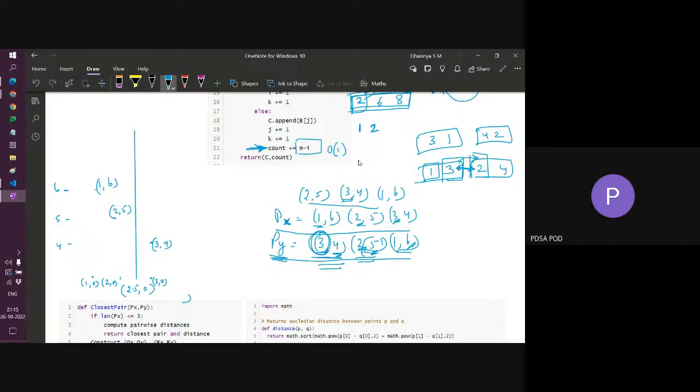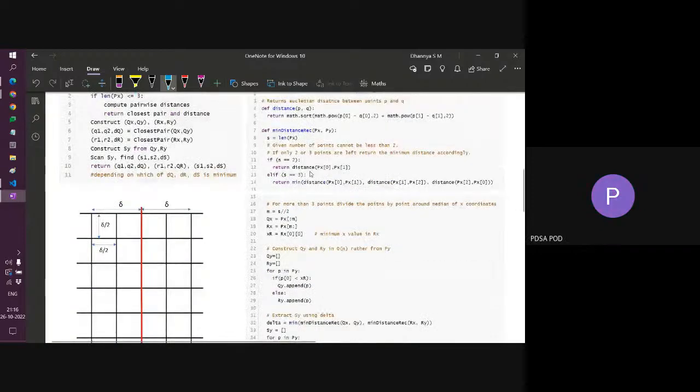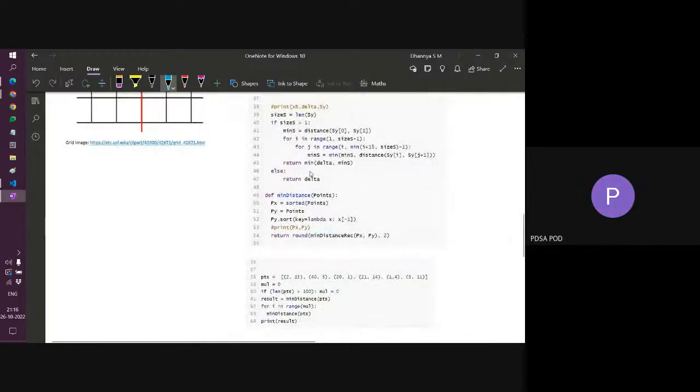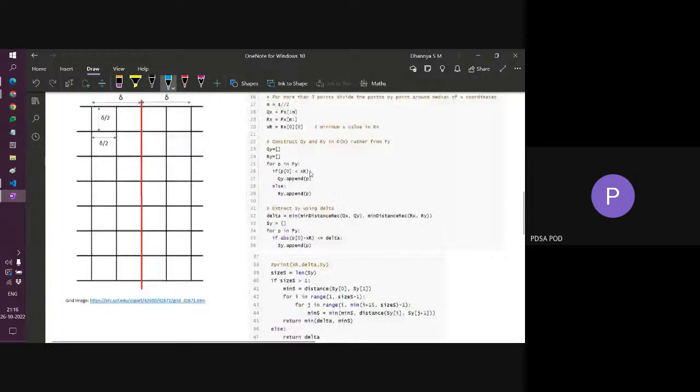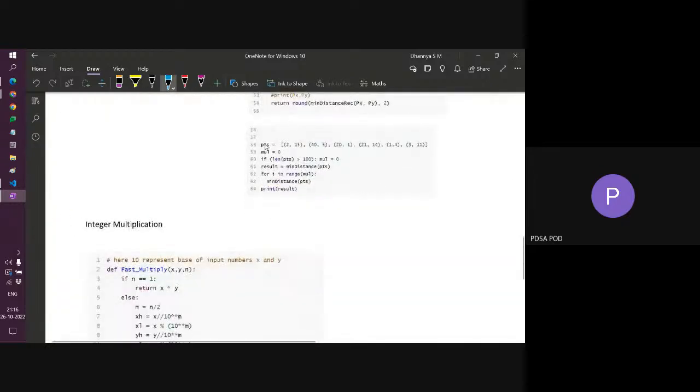Now, Px is a listing, so this is P, set of points. P is a set of points on the plane, right? Is it correct? The input points. Yes. One second. So you can see in this code, this PTS is what we've shown.